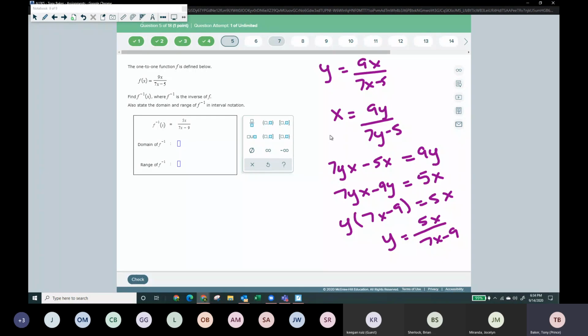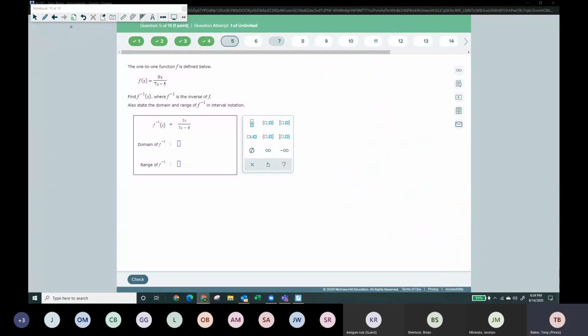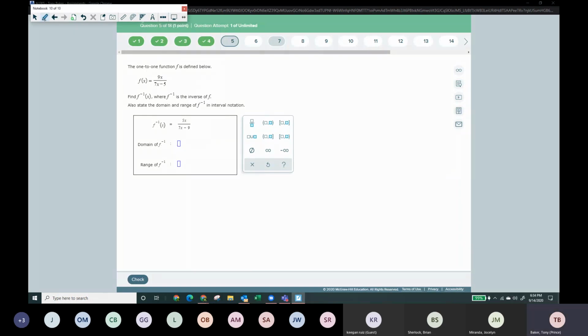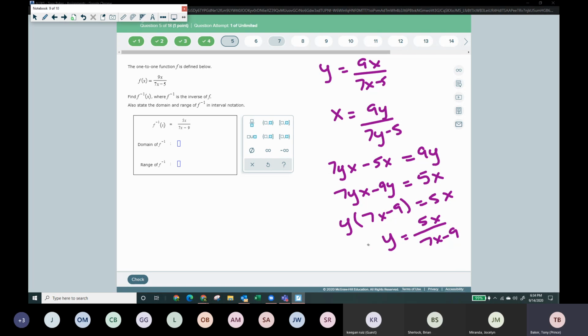So now we have to look at my original function because we need my domain and my range. Actually, hold on, let's do the inverse first. Let's find the domain of this one.